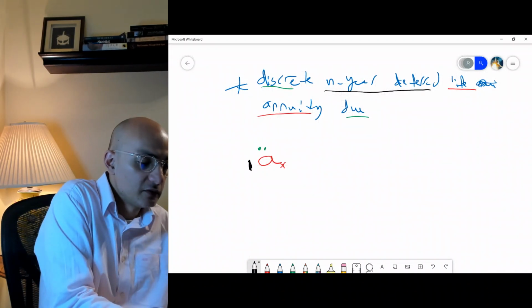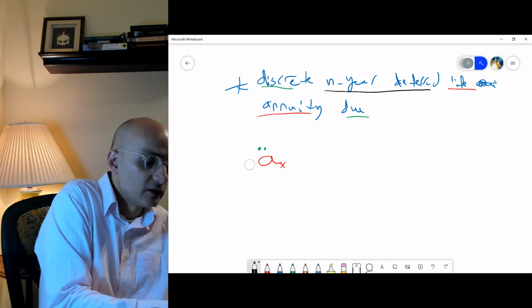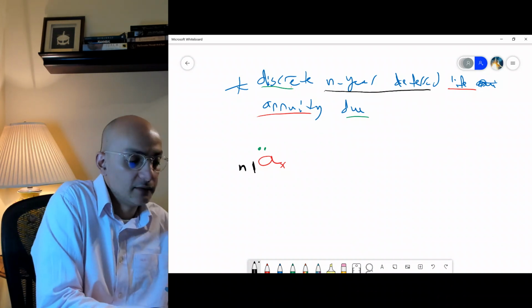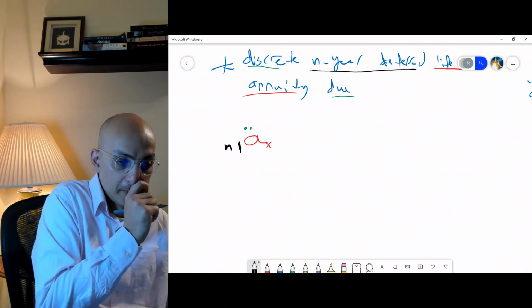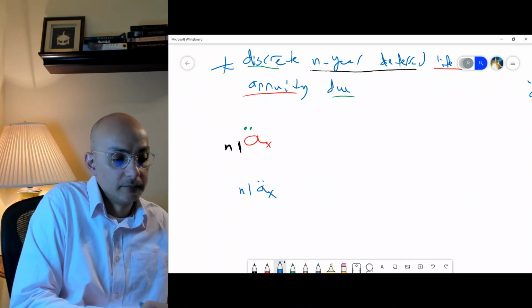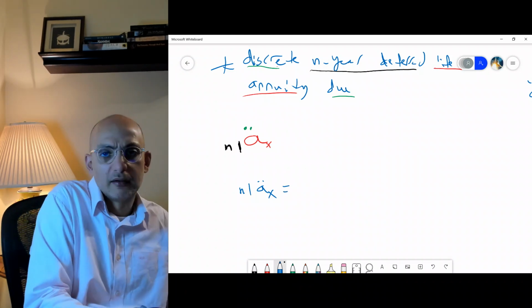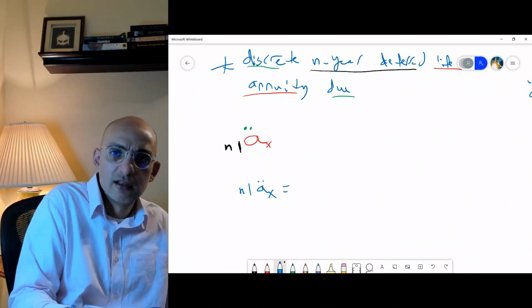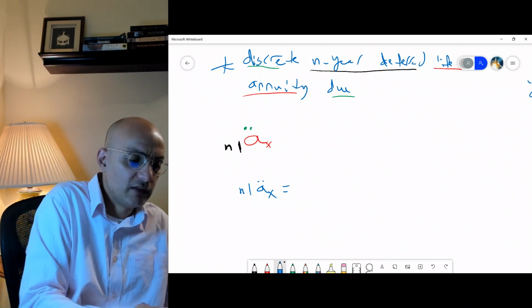We add this little bar here, and this tells us deferred for n years, right? So in other words, you can write it n ax, right? So what is this? This is simple. We did it already in the continuous case. It's simple, right? This will start only after the deferred period.